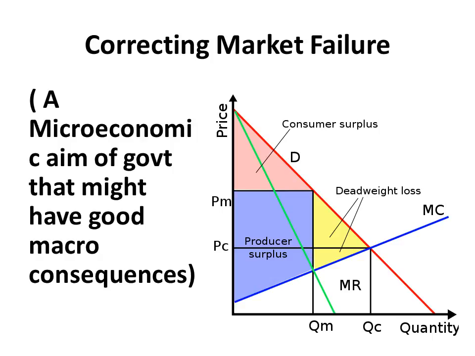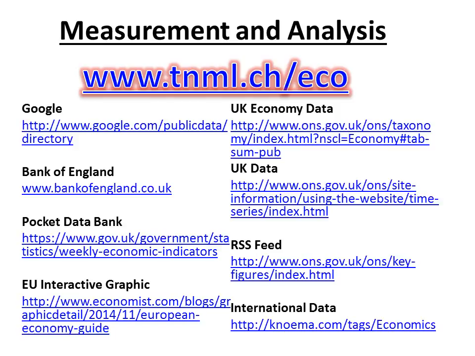The other thing, of course, you might think to yourself is, well, if they're doing this at a high level, let's say taxing a demerit good, then there might be macroeconomic effects of that high tax. So you might consider that, say, taxing petrol would have both a micro and macro effect.